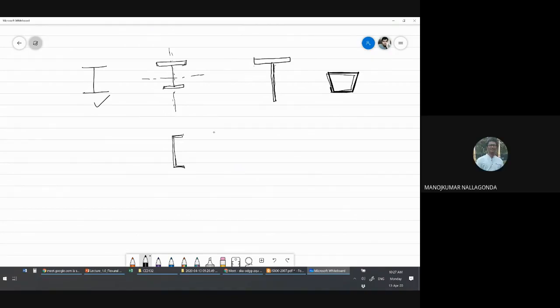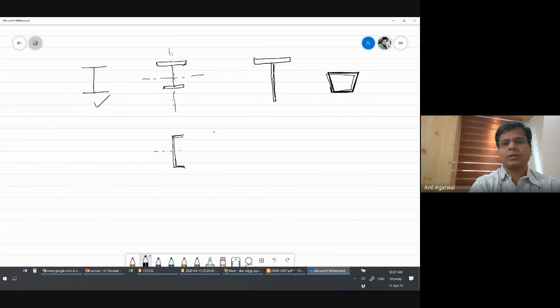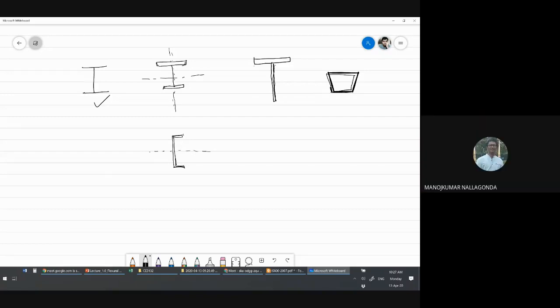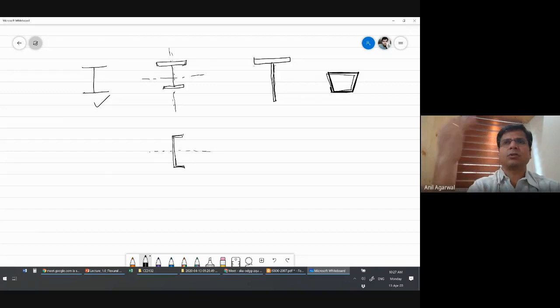Major axis. So it is symmetric about this axis, right? And that is the major axis, correct? So for a cross section like this, which is symmetric about the major axis, can we use this provision? No. We cannot use this provision. We cannot use the earlier provision also.